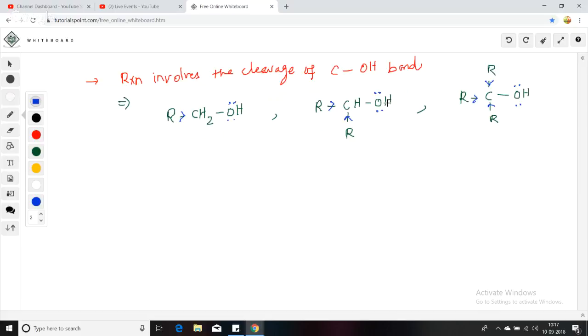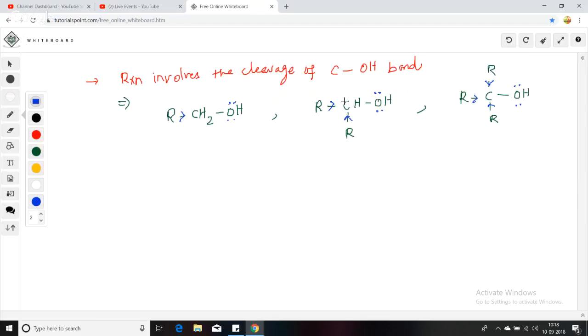More will be the electron density on the oxygen atom, it is difficult to break this OH bond, because in that case the hydrogen will be firmly attached with the oxygen atom, right? So this bond is difficult to break when the oxygen has more electron density on it, and this bond is easy to break. This is one way to explain all this. Now the second way is, all these alkyl groups are pushing electrons.